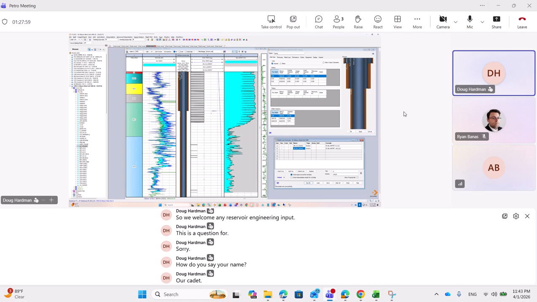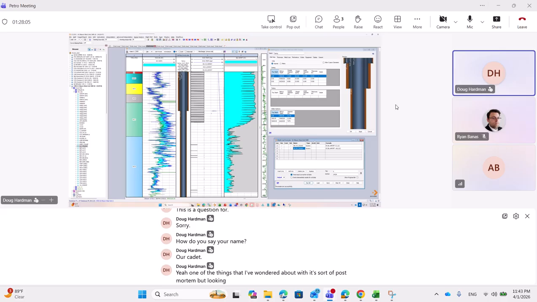Yeah. One of the things that I've wondered about, it's sort of post-mortem, but looking at these wells like that, go back.